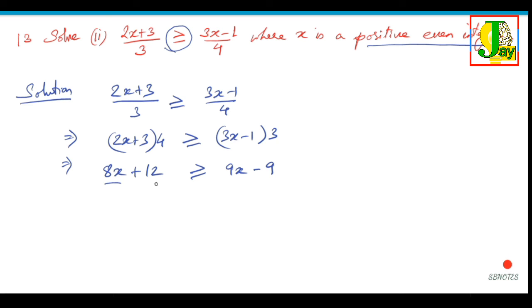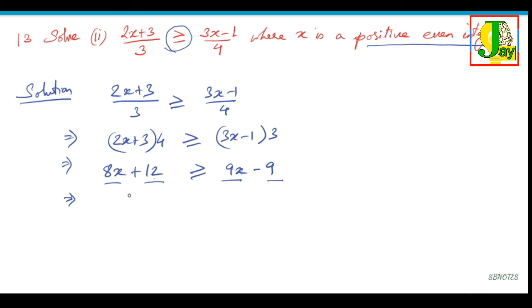Now we have two terms on both sides, so we'll shift the smaller positive variable term to the other side. Which one is smaller, 8x or 9x? 8x is smaller, so we'll transpose the smaller one.